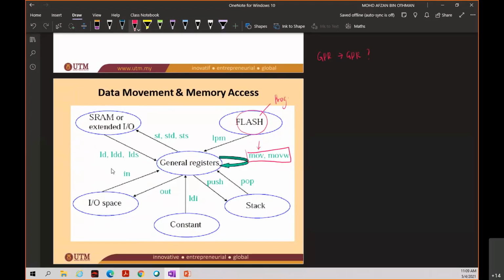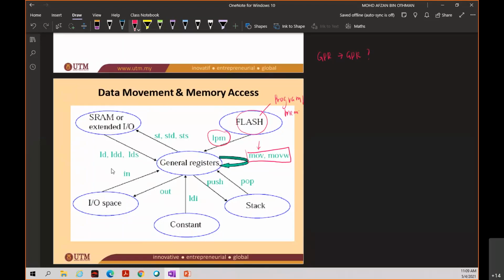You can use the LPM instruction, which stands for load from program memory. It means that you take any value from the program memory and put it into your general purpose register.